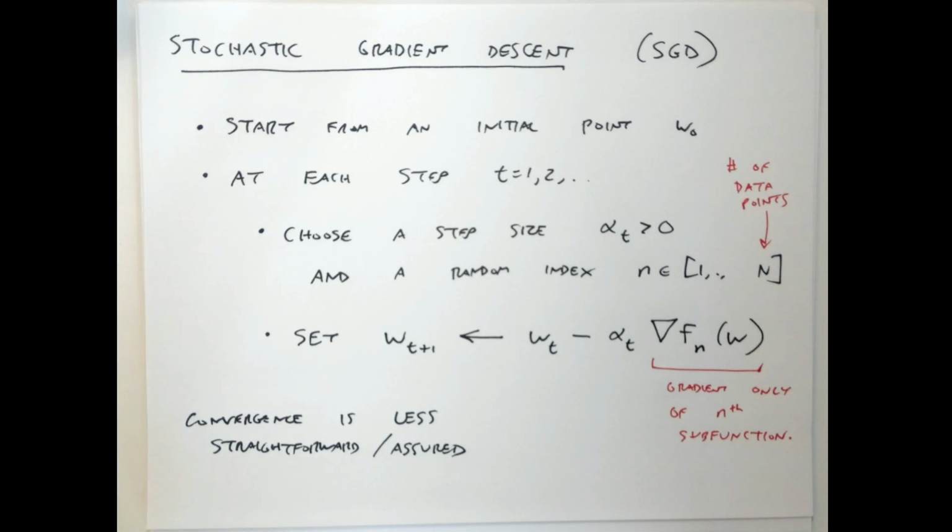And so, like I said, you see SGD, that's what it means. It's known by a bunch of other names too, right? It's sometimes called sequential gradient descent or adaptive learning, or in signal processing it's called the LMS algorithm. They're all fundamentally the same idea of just choosing one point and taking the step, right?